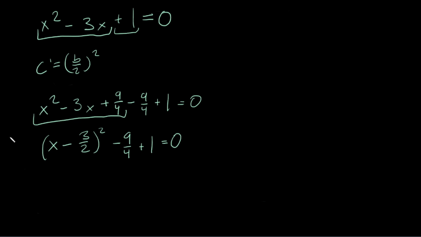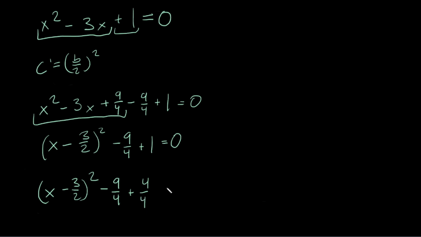So I'll further simplify this into x minus 3 over 2 squared, and I'll turn 1 into 4 over 4, so it becomes minus 9 over 4 plus 4 over 4.